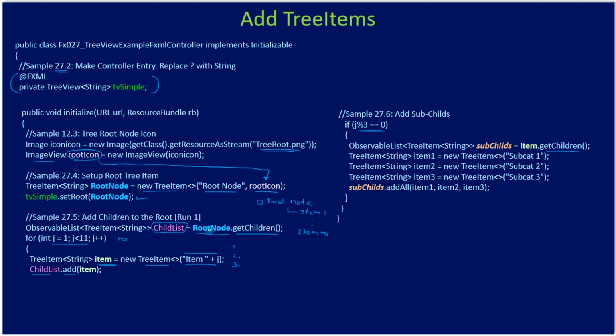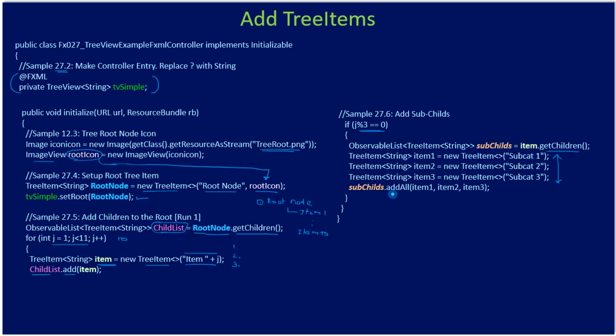Here get children was already used on the root node. Here we make use of the children item. If it is a third item or sixth item, ninth item, that time we make use of get children. Then we add subcategory to those children to establish a parent-child relation.